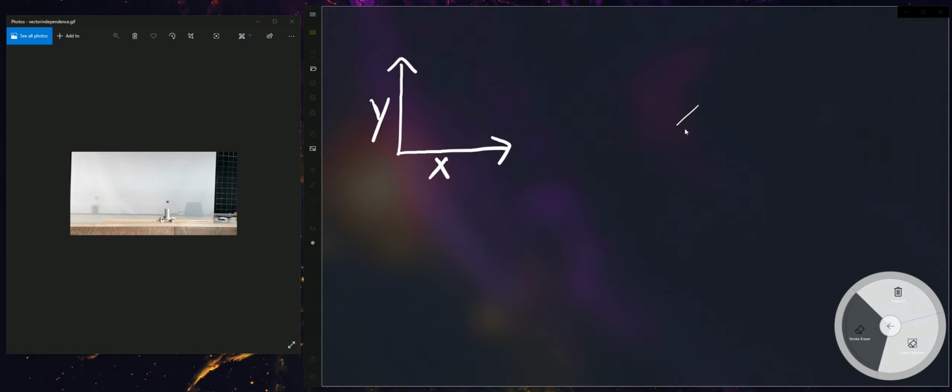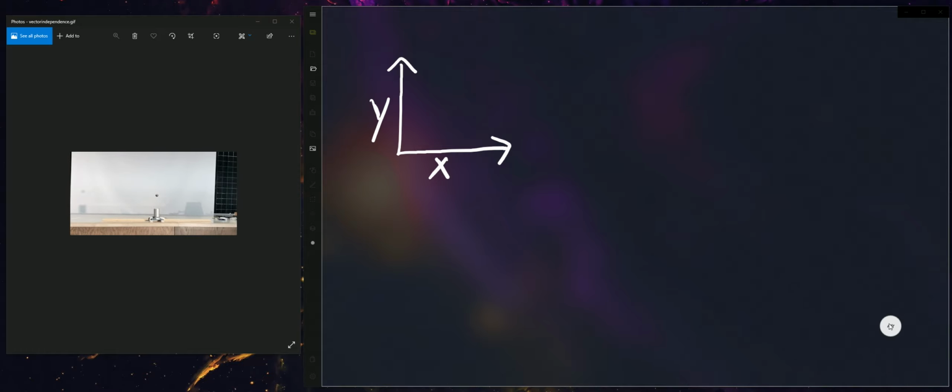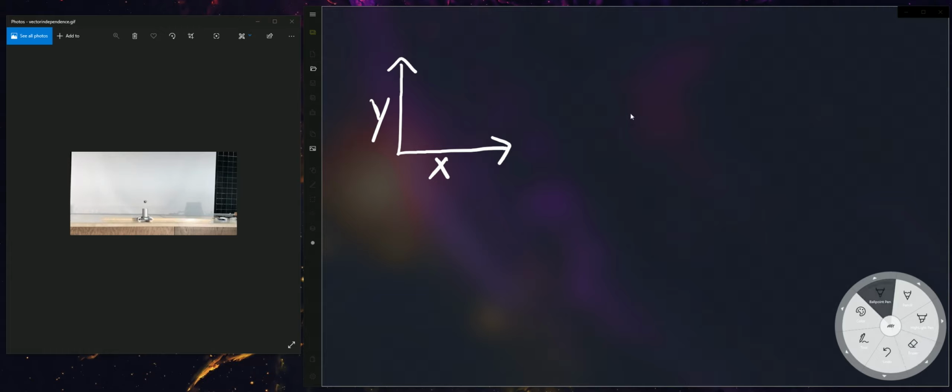Let's take a look at this GIF to the left. You see that the launcher is moving to the right, so you have a velocity in the x direction.